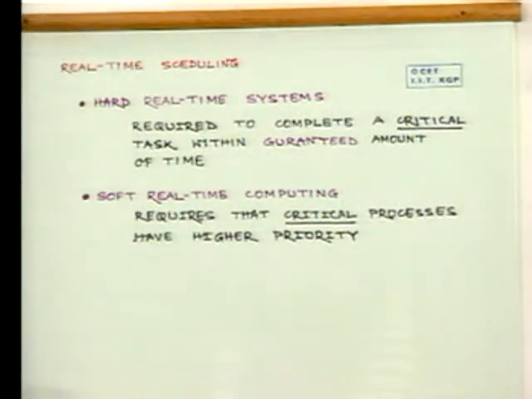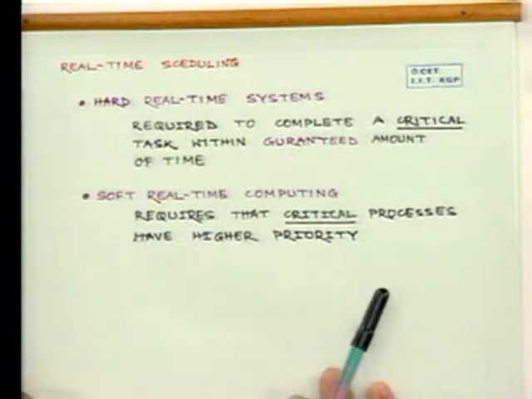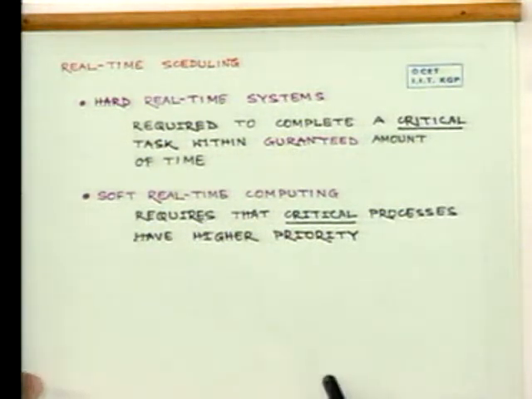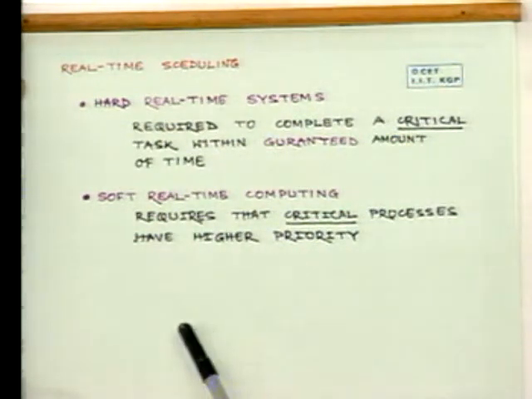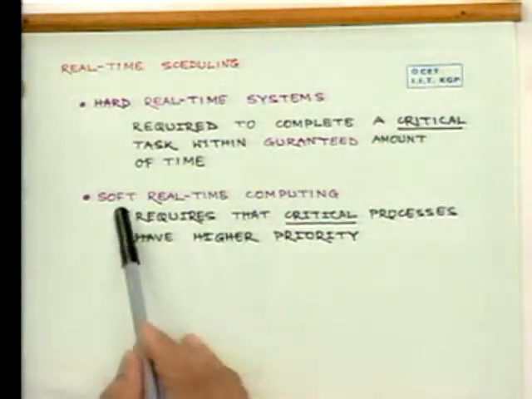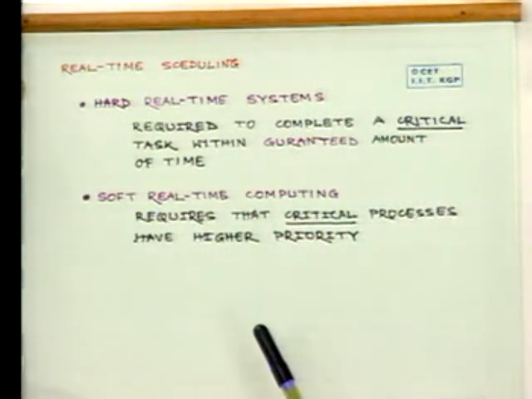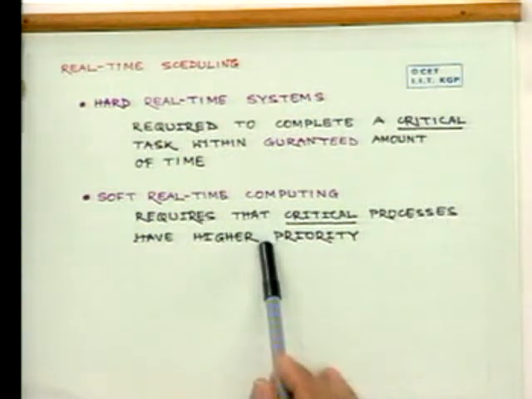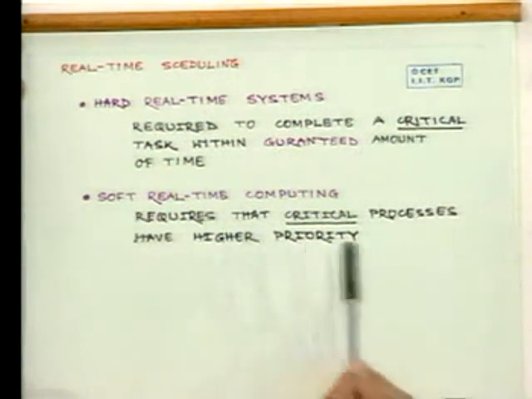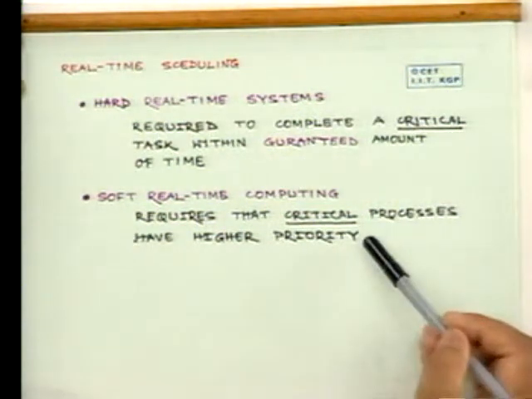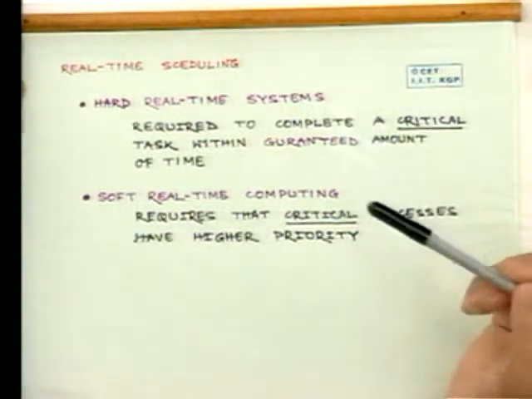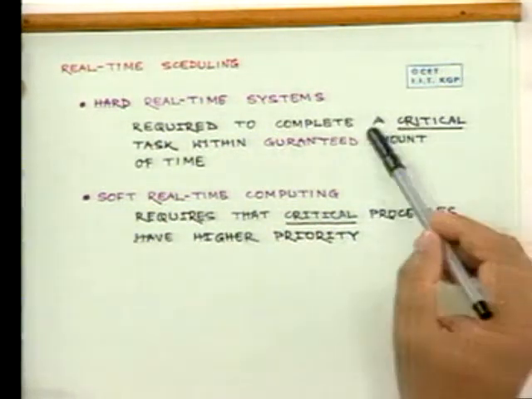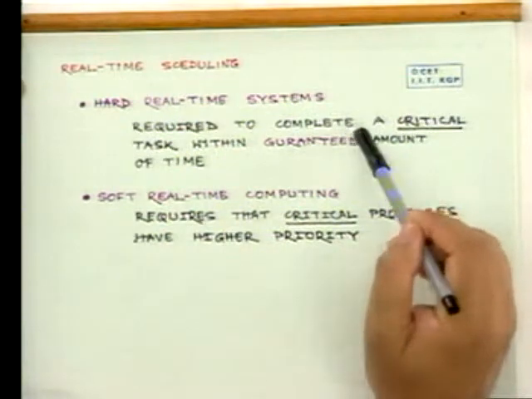That means if a task is there and it requests processing, then that task has to be completed within the guaranteed time. That's called a hard real-time system. And in comparison to that, we can have soft real-time computing. In this case, it requires that the critical processes have higher priority. It's not as demanding as a hard real-time system, where that guaranteed response time has to be honored.